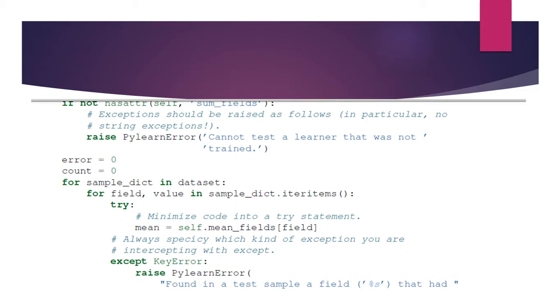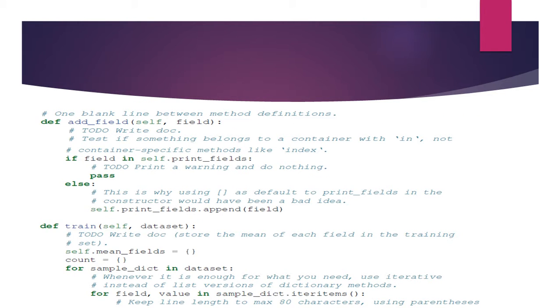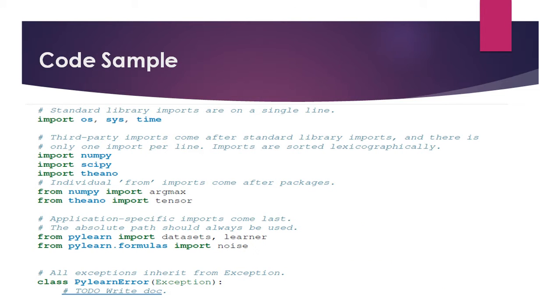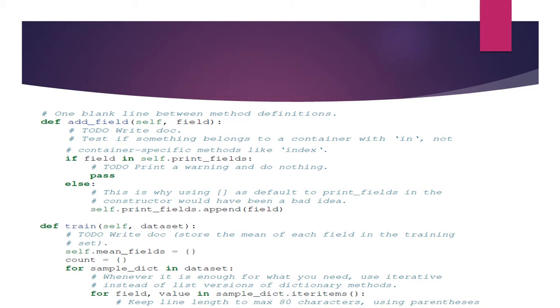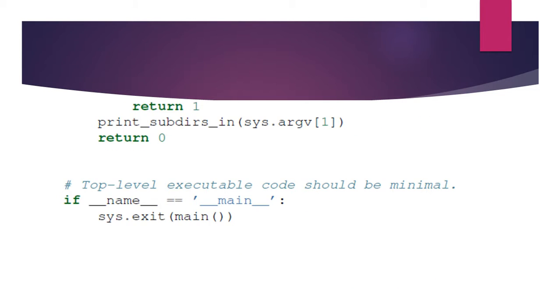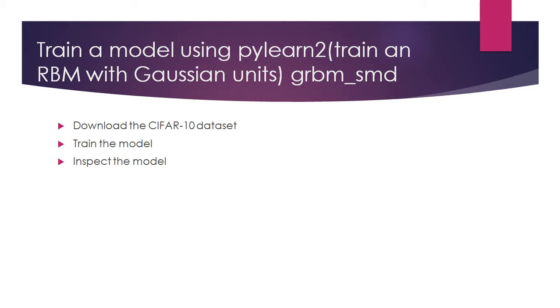In the next slide, we will show how we write code using GitHub, the testing error, the trainer and learner, and important things like the absolute path, error exception handling, and training on a dataset. In Pylearn2 we use datasets like CIFAR or MNIST.